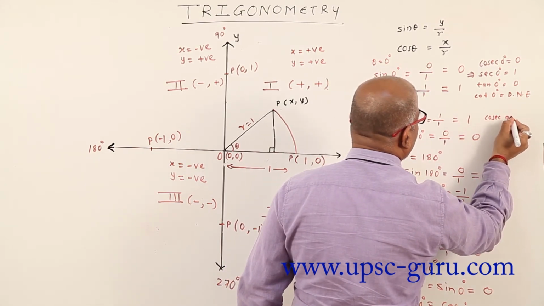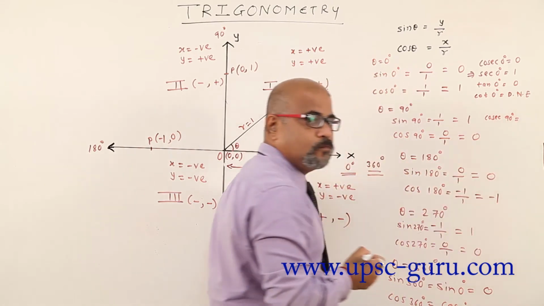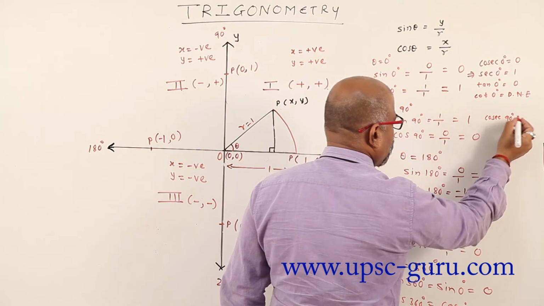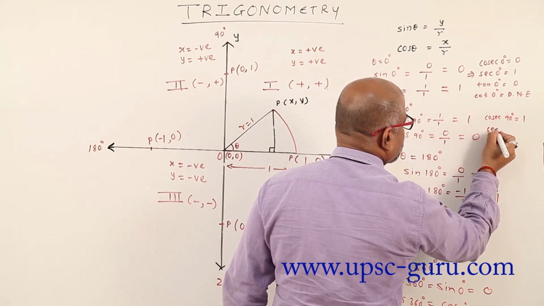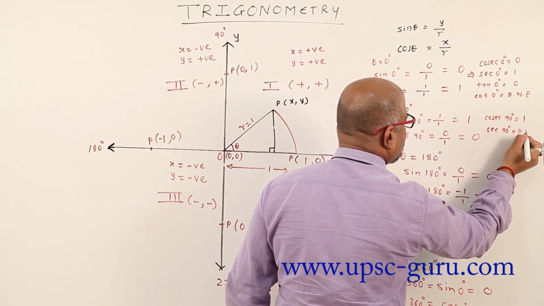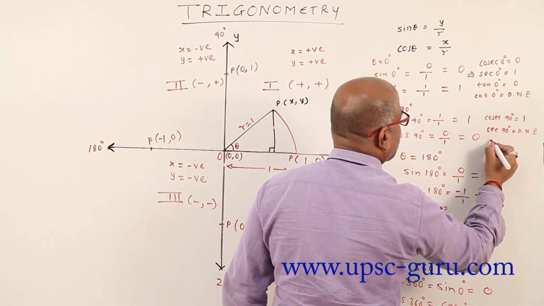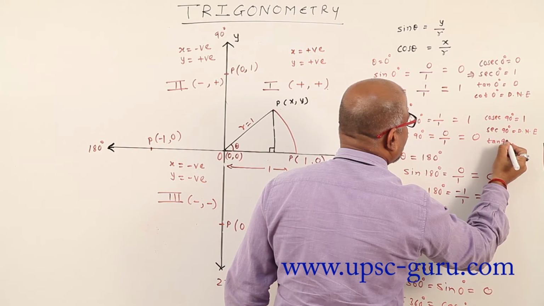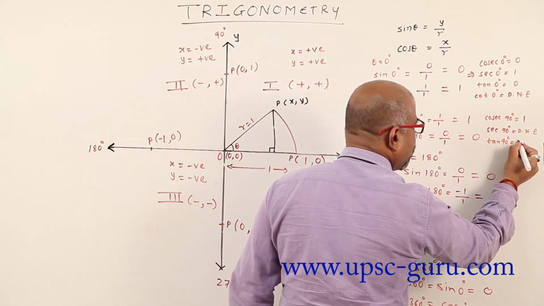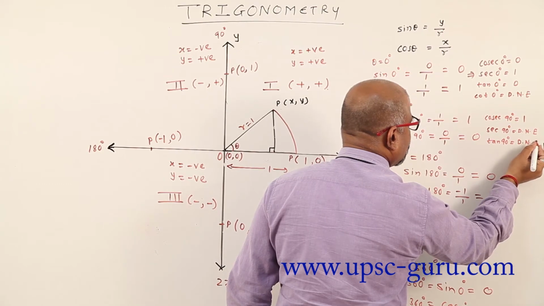Similarly, cosec 90 degree equals the reciprocal of sin, which is 1. Sec 90 degree, the reciprocal of 0, does not exist. Then tan 90 degree, sin upon cos, that is 1 upon 0, again division by 0 means it does not exist.